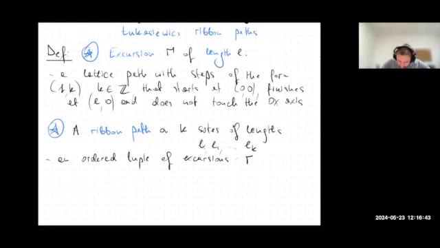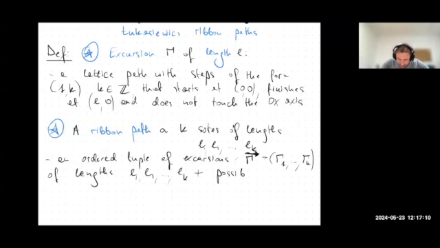We denote it by gamma with a vector, which is an ordered tuple of k excursions of lengths L1, L2, up to Lk, plus there is some extra data.